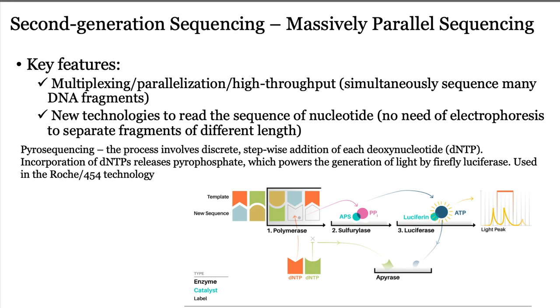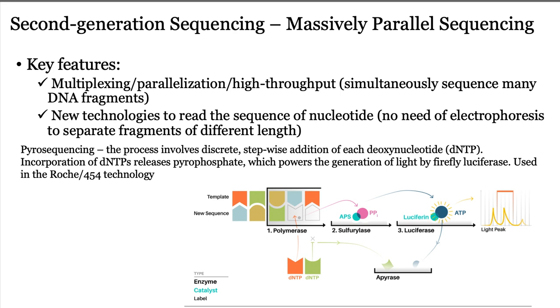If this is the correct dNTP, once it is incorporated, it will release a pyrophosphate. Pyrophosphate can be used to generate ATP, and ATP can be used to trigger fluorescence. So when a specific dNTP is incorporated, it will release fluorescence, so we can detect which dNTP is incorporated. This is pyrosequencing, and pyrosequencing is used in the 454 technology.